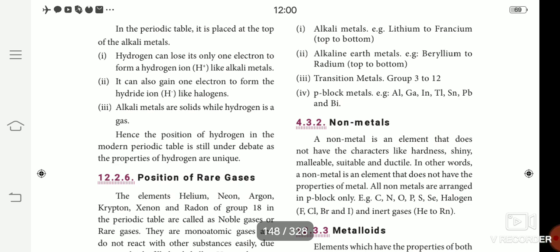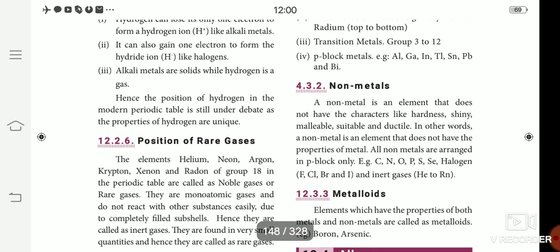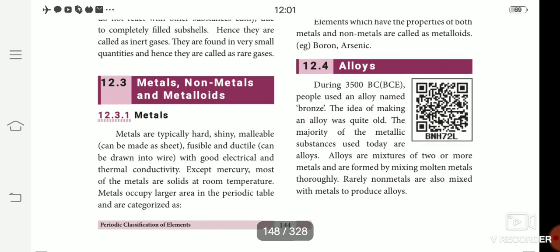Next topic is alloys. The definition of alloys, all of you underline: alloys are the mixture of two or more metals. Last four lines.